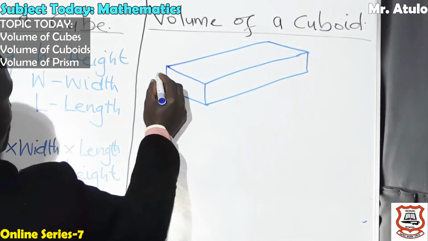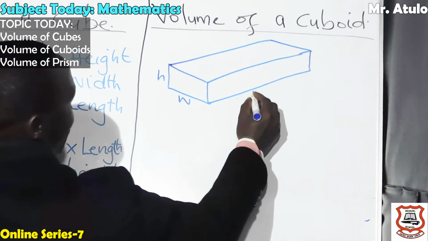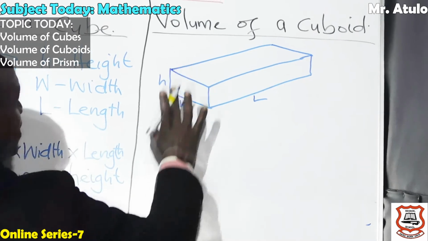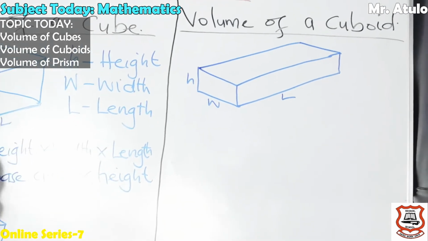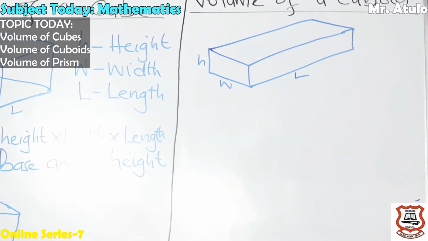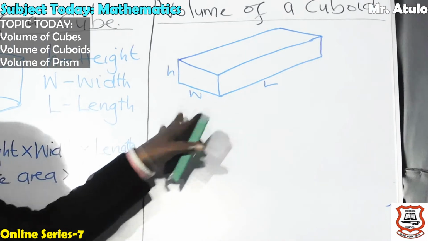As you can see, this is the height, this is the base or the width, and this is the length. The length is much longer than the width, and also much longer than the height. It doesn't always come that way. Sometimes you may find the height being longer than the width.